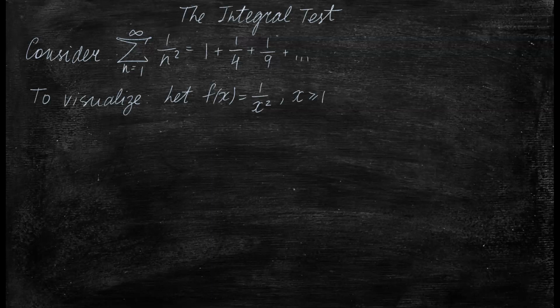Well, we can graph it. So it's a simple rational function, and it's decreasing, and it approaches the x-axis as x goes to infinity.